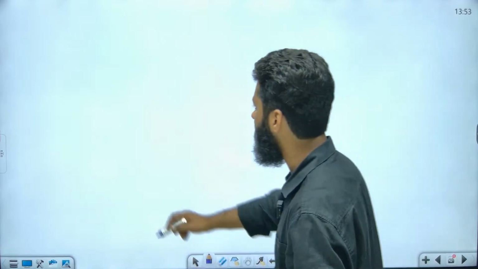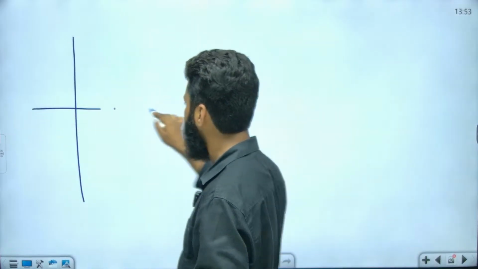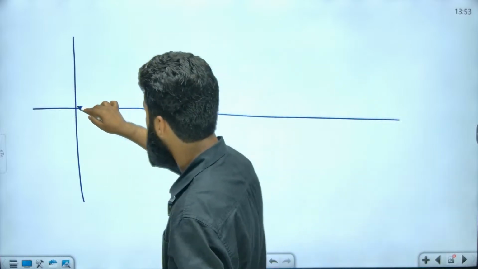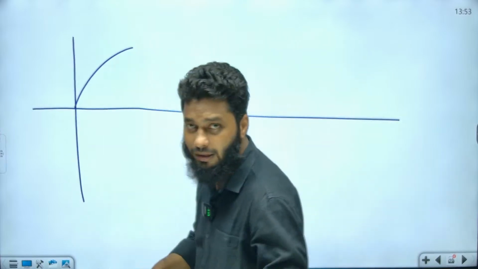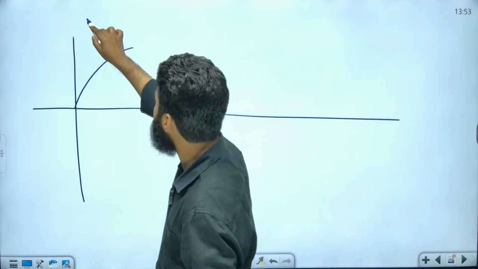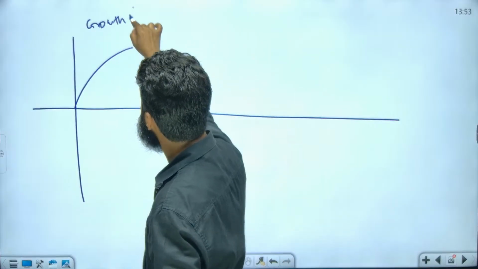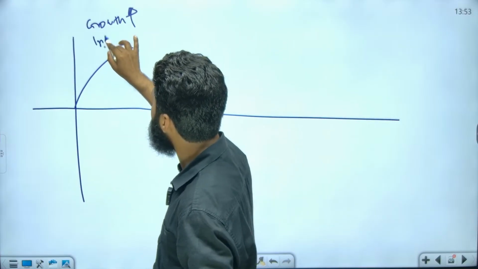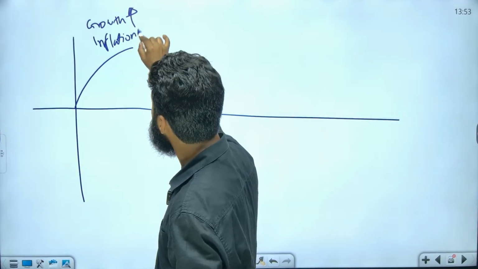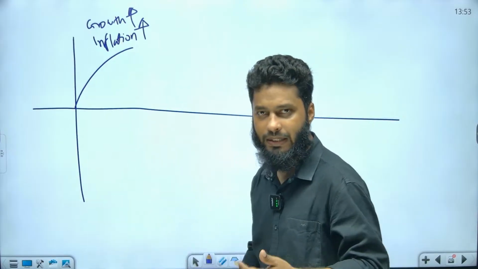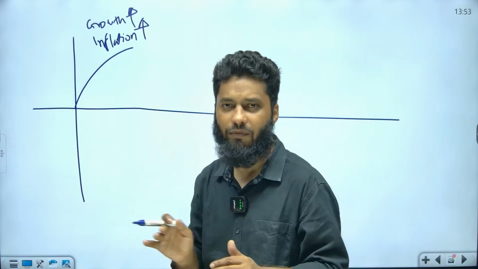When we talk about the business cycle or growth cycle, when growth takes place, what happens? With growth, inflation also increases. That is why this growth and inflation trade-off is there.